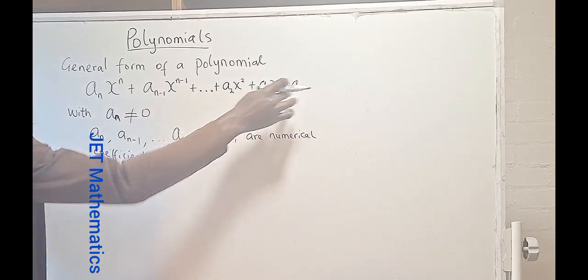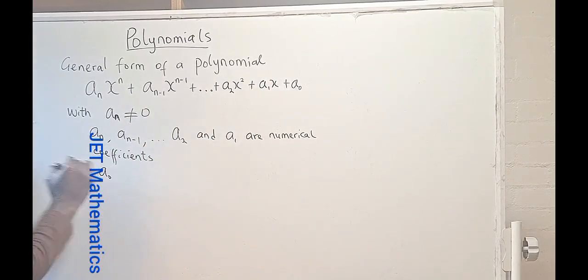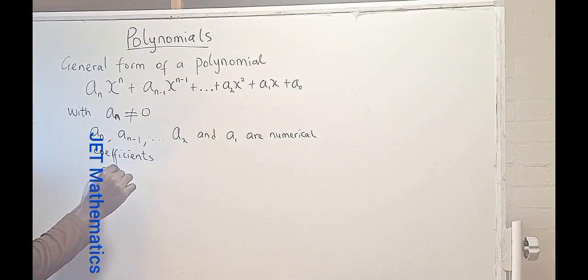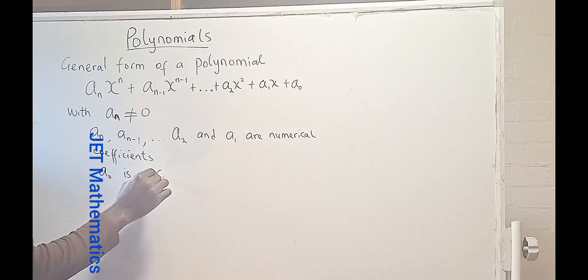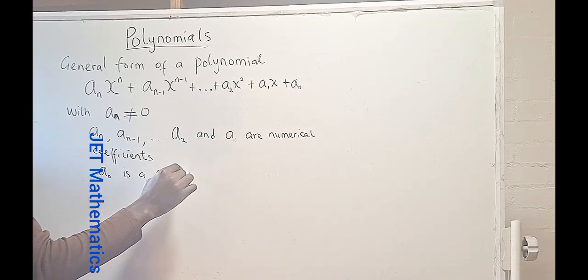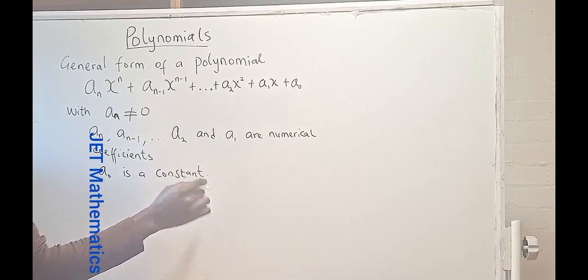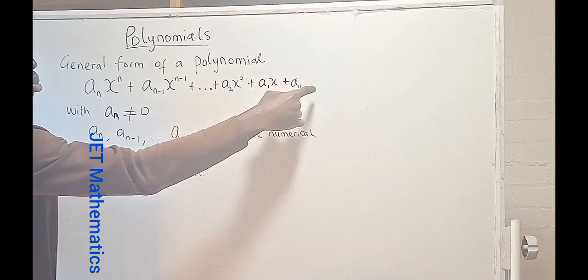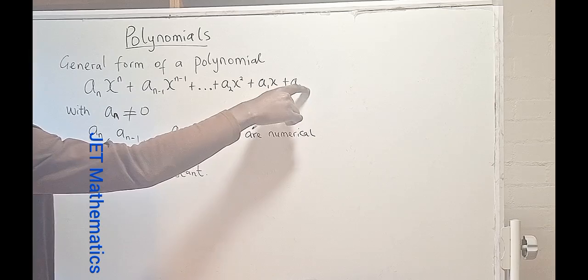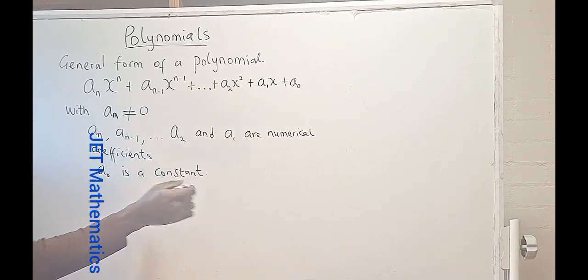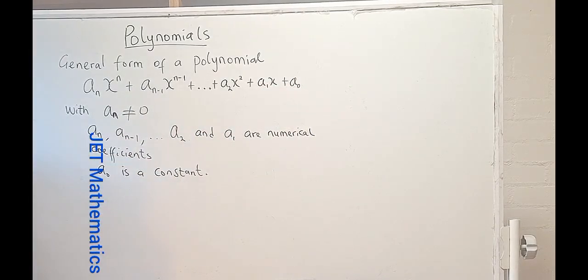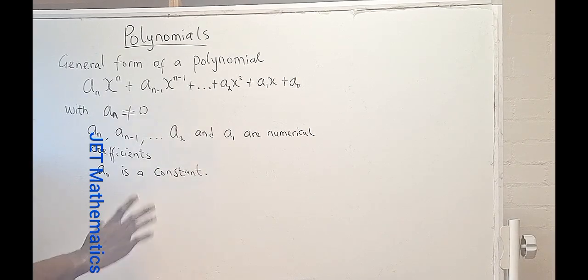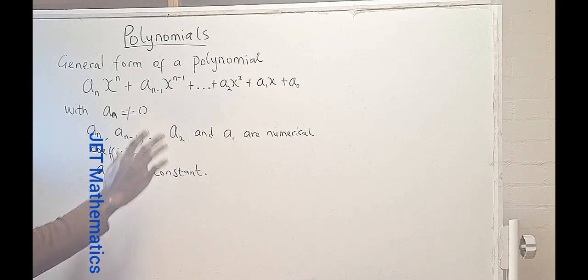a_0 is a constant. Okay, it doesn't have a variable. It doesn't carry the variable x, so it's a constant. All right. Then what else do we need to know about a polynomial?